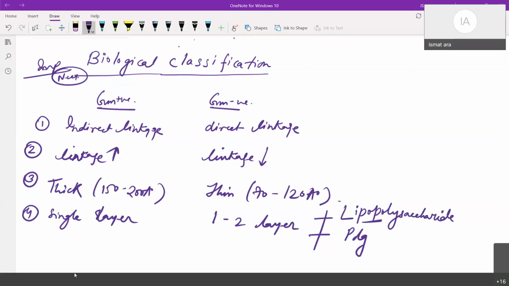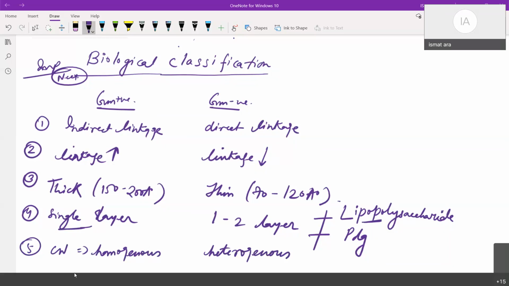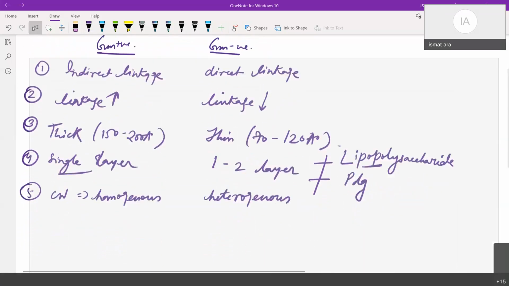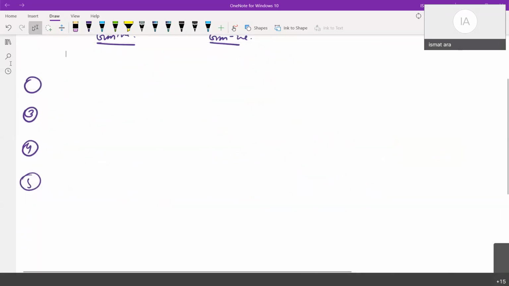Okay, so we can say now that their cell wall is homogeneous. Homogeneous why? Because made up of single layer. Their cell wall is homogeneous in nature. And their cell wall is heterogeneous in nature. See the diagram of gram-positive and gram-negative bacteria.